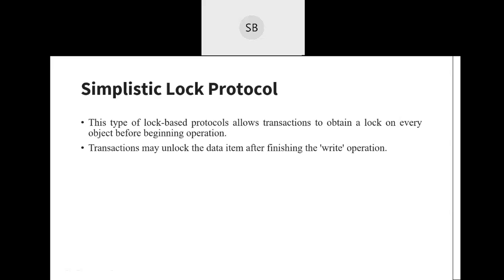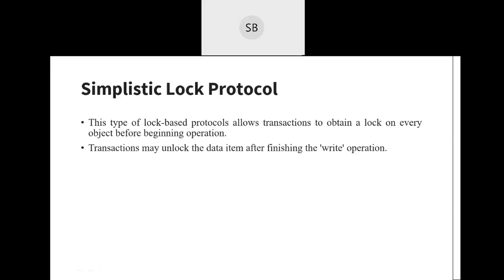So you can see the simplistic lock protocol. This is basically a type of lock based protocol. In the lock based protocol, you ask for all the locks at the beginning of every operation. This type of lock based protocol allows a transaction to obtain locks on every object before beginning the operation.